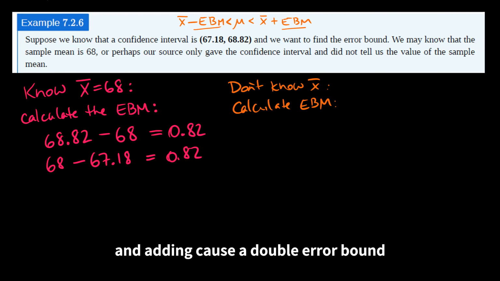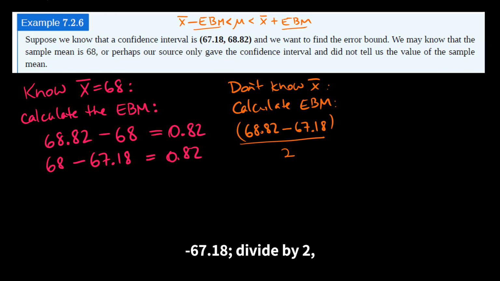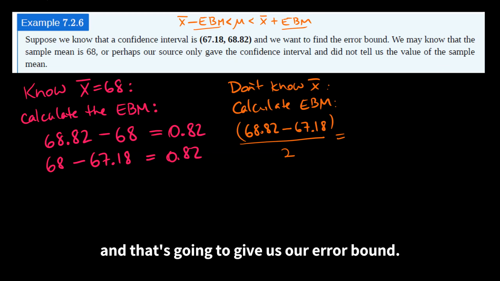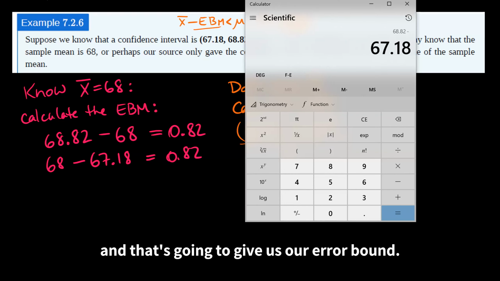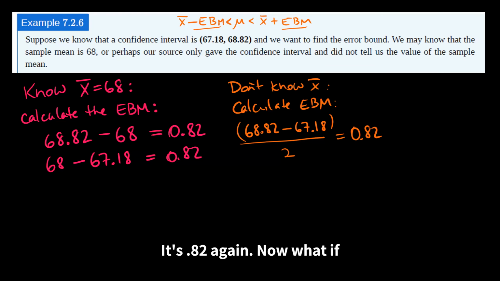This subtracting and adding cause a double error bound in the whole interval. So we take our two numbers, 68.82 minus 67.18, divide by 2, and that's going to give us our error bound. 68.82 minus 67.18 gets us 1.64. Divided by 2, it's 0.82 again.